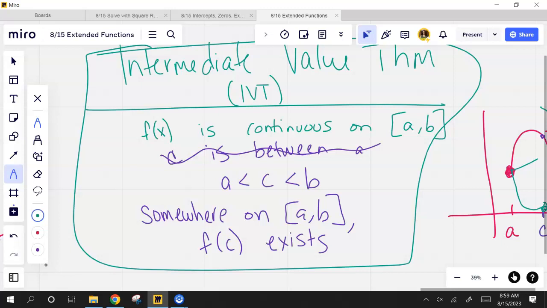All right, let's do a couple examples. Not a whole lot of practice with this yet.